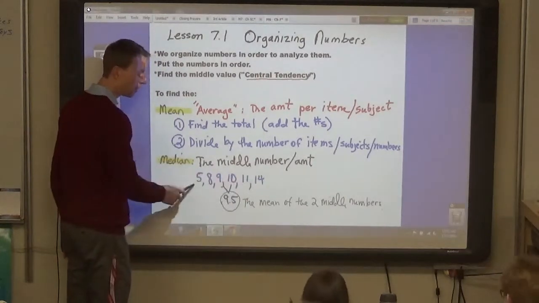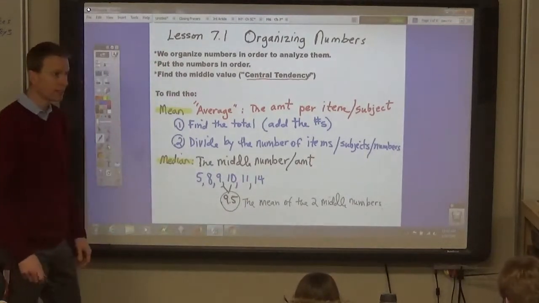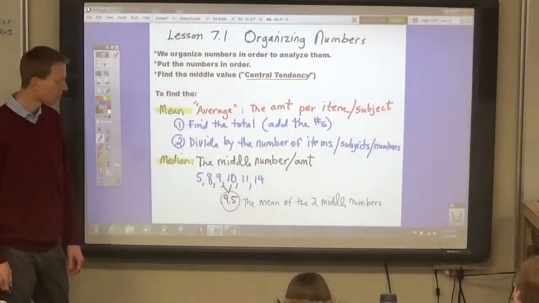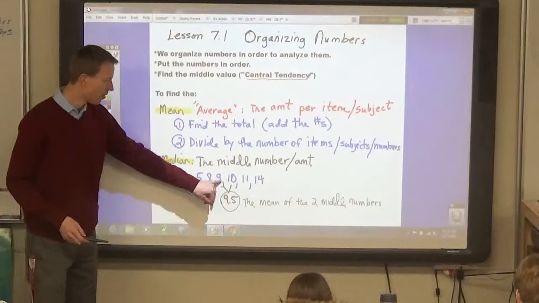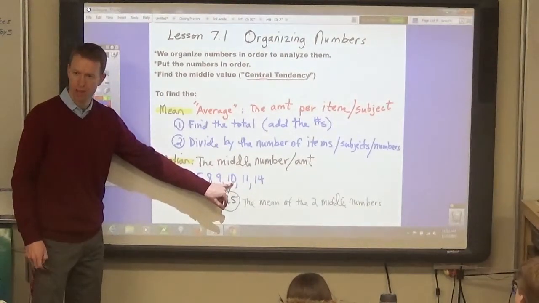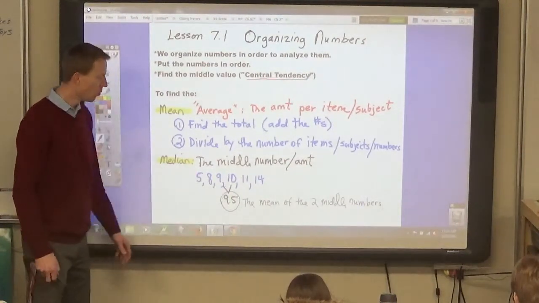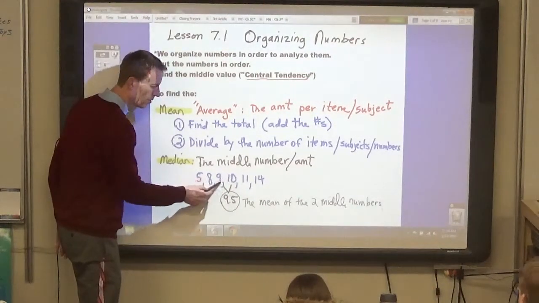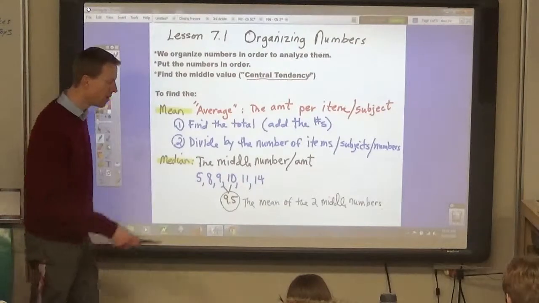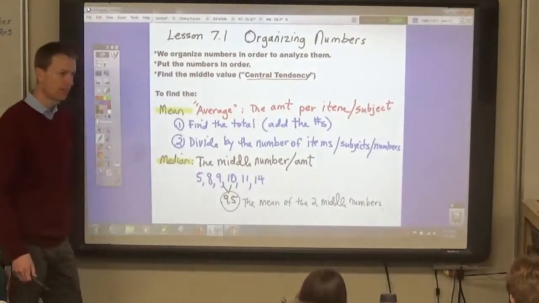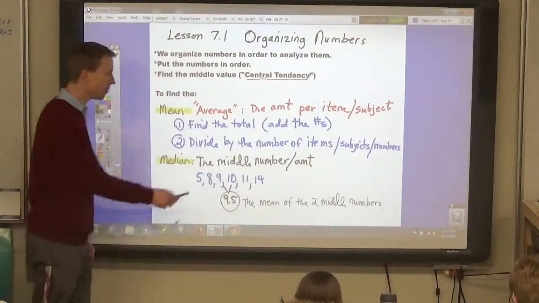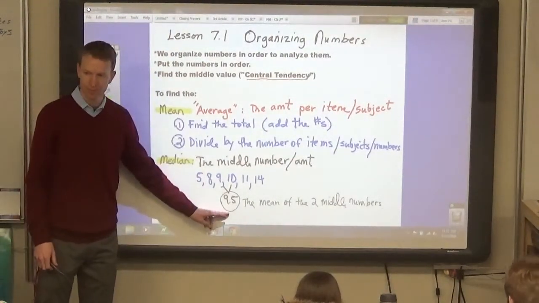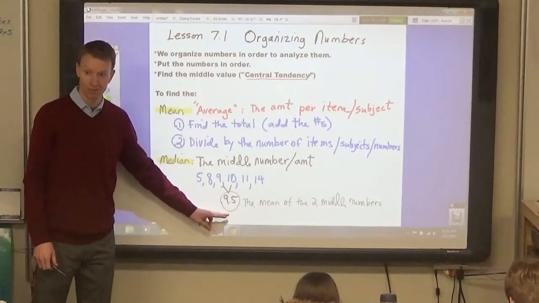There's 6 numbers. So there isn't a middle number when there's 6 numbers, because the 3rd and the 4th number are both in the middle. So what we have to do in that case is add these 2 and then divide by 2. You find the mean of the 2 middle numbers. What's 19 divided by 2? 9.5.